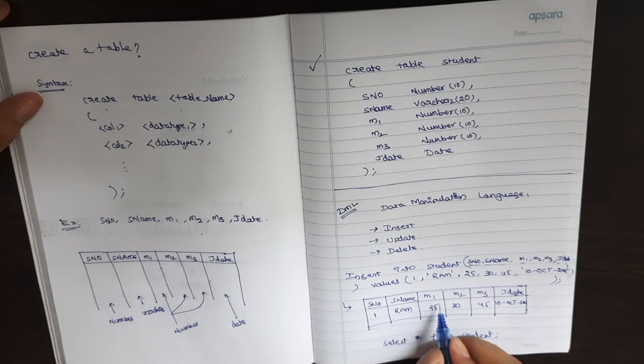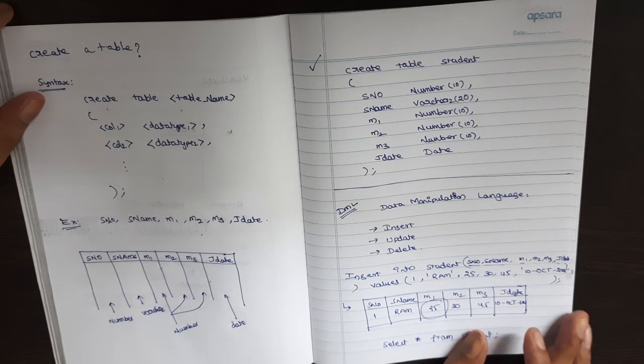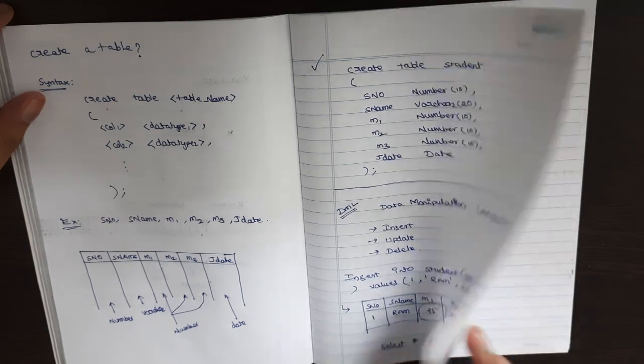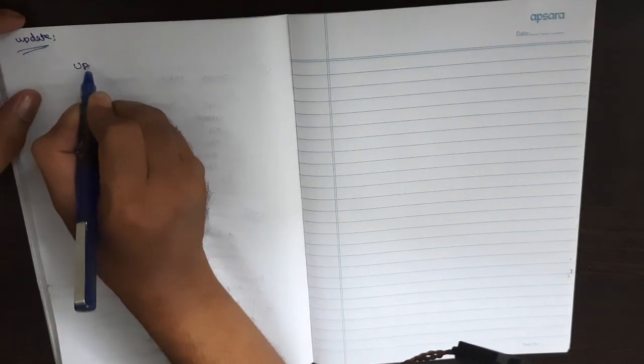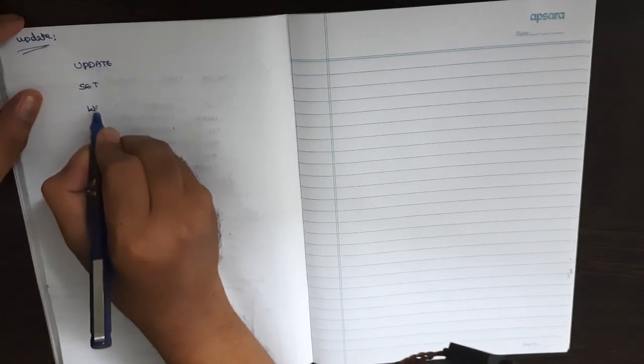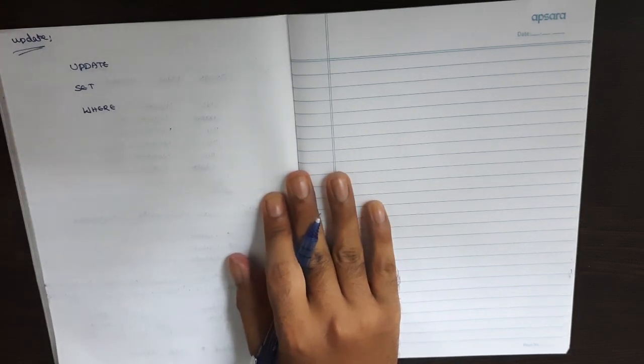For example, this table has marks 1 as wrong data, that is 25 I wrongly entered, and I just want to update that to 50 marks. So what I can do is, see the structure: update, set, where. Okay, this is the structure of update.